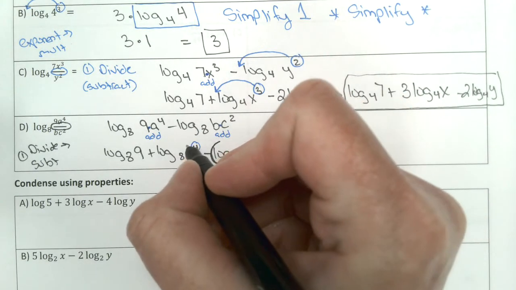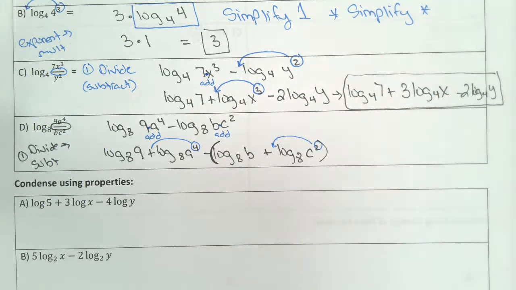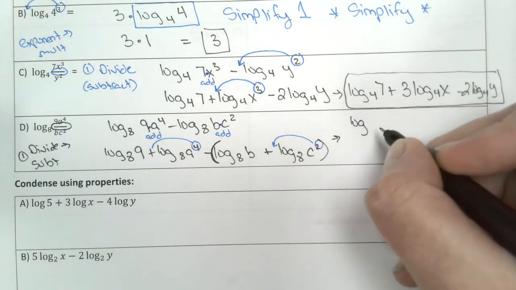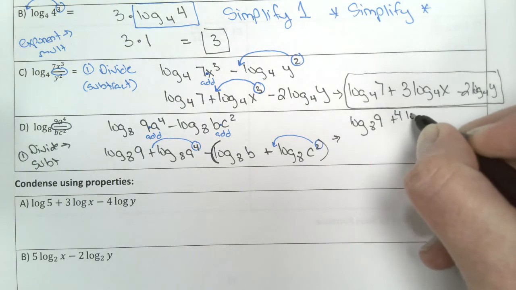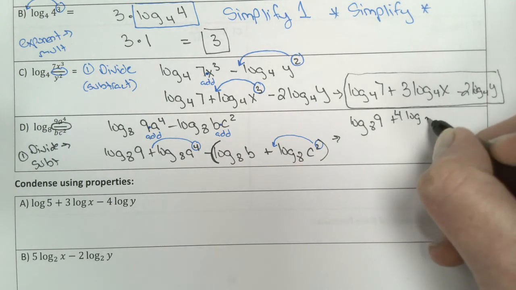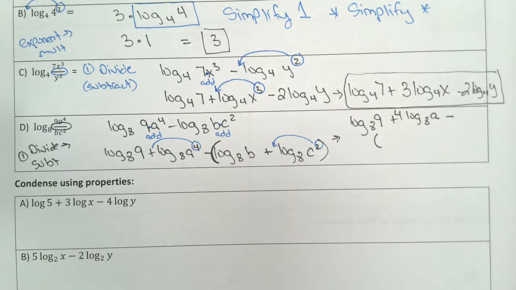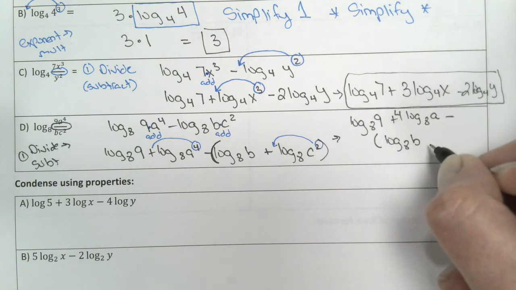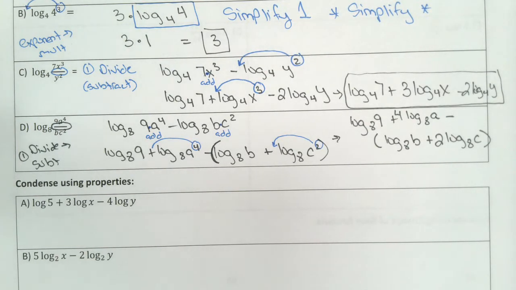And then it looks like I have an exponent there that needs to move, and an exponent there that needs to move. So my final answer is a long one. Log base 8 of 9 plus 4 log base 8 of a minus, I'm going to go to the second line, and then I'm going to have some parentheses, log base 8 of b plus 2 log base 8 of c.